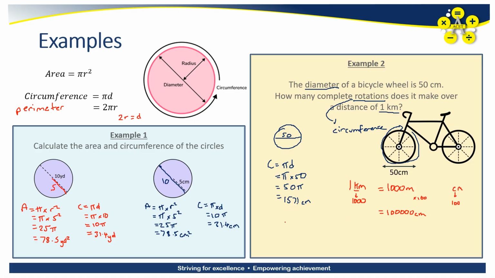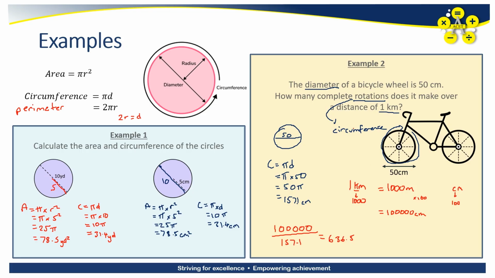So that means I can now compare this. Each rotation is 157.1 and I've got 100,000 centimetres to work with. So to calculate the complete rotations, I'm going to share it. I'm going to divide it. So I'm going to take my 100,000 and divide it by 157.1, which gives me an answer of 636.5.